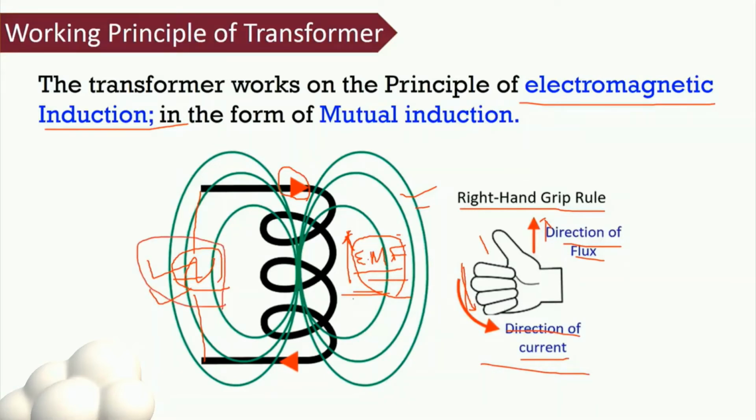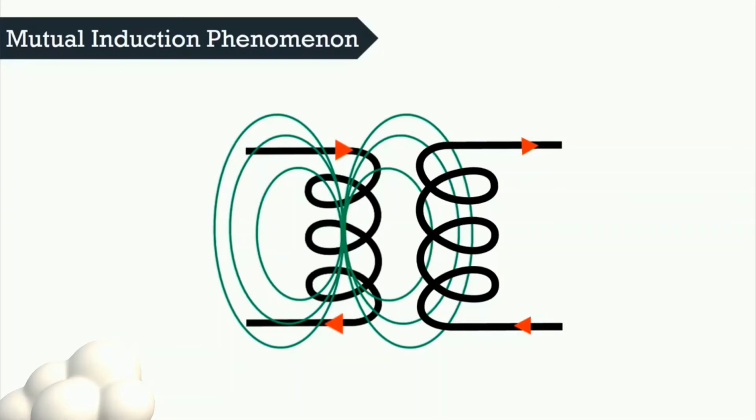In the next part, we will try to understand what happens if one more coil is placed very close to the induced magnetic field which is produced by the first coil.